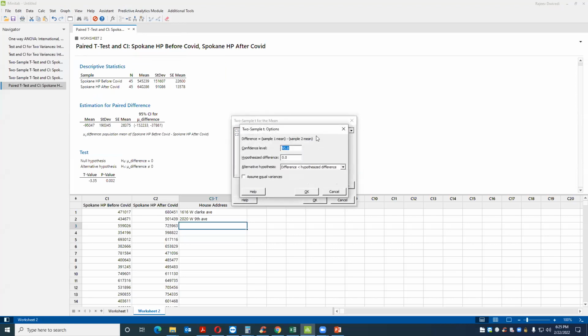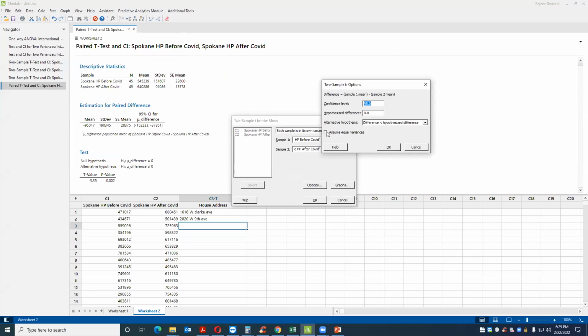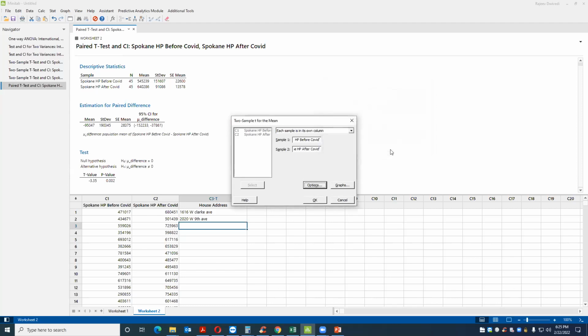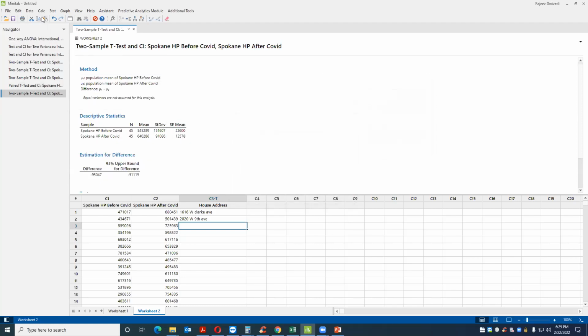Okay, now this option is available: can we assume equal variance or not assume? So this is equal or not equal. There's a slight difference between assuming equal and unequal. So let me do unequal once, and now I'm going to do equal.